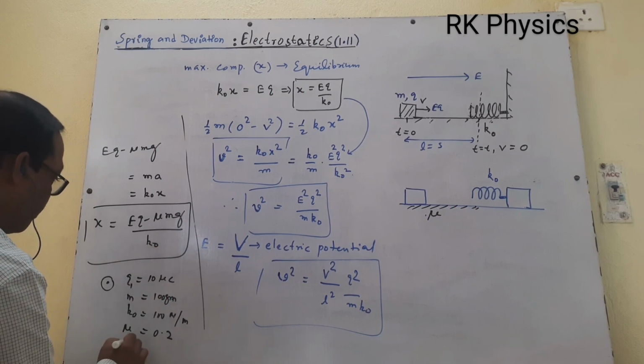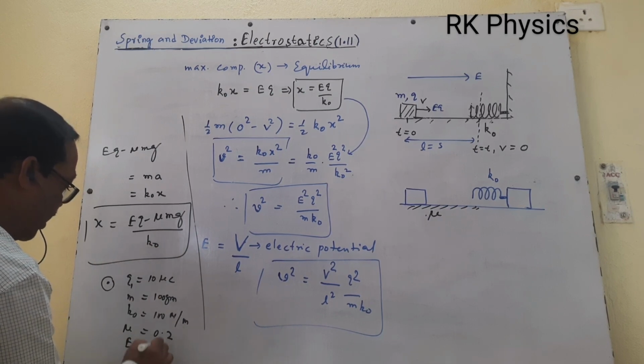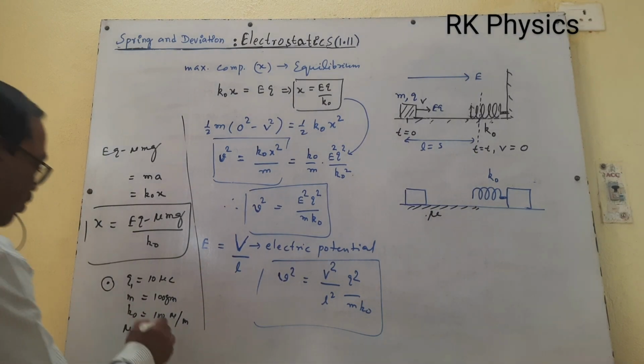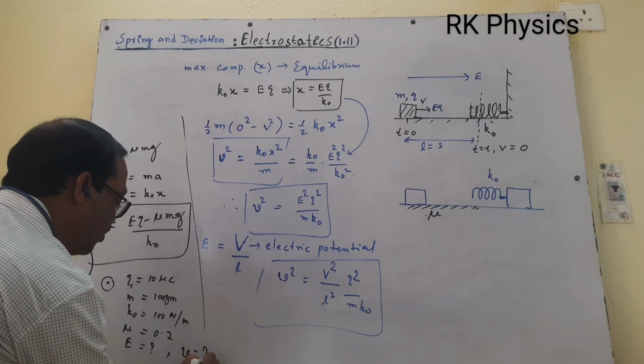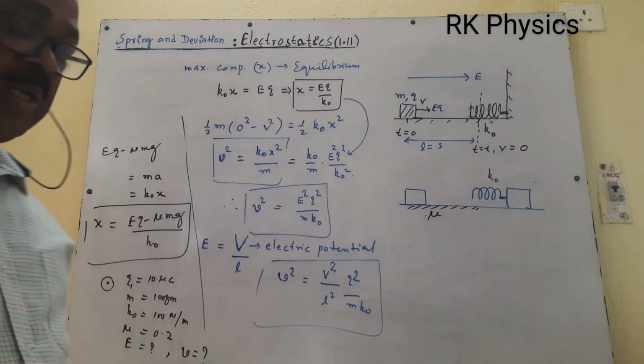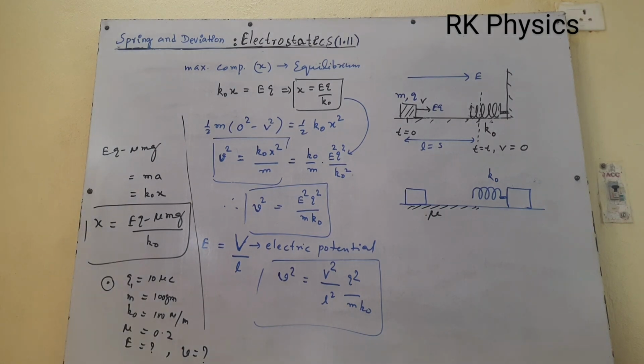All are given, so find the value of the electric field, or find the value of the velocity v. This is a sum for you.